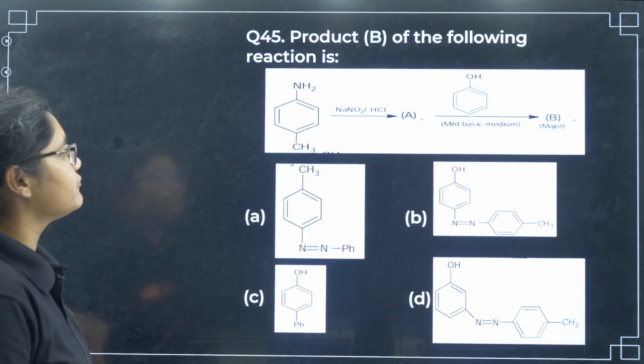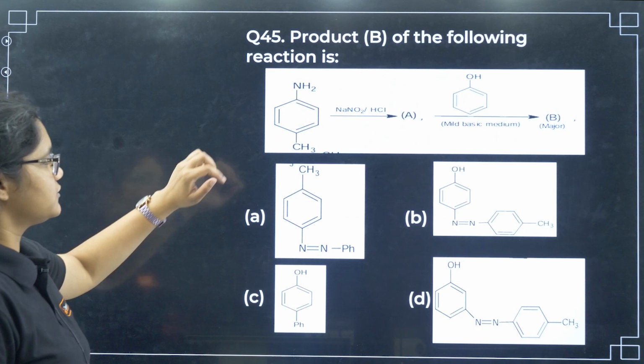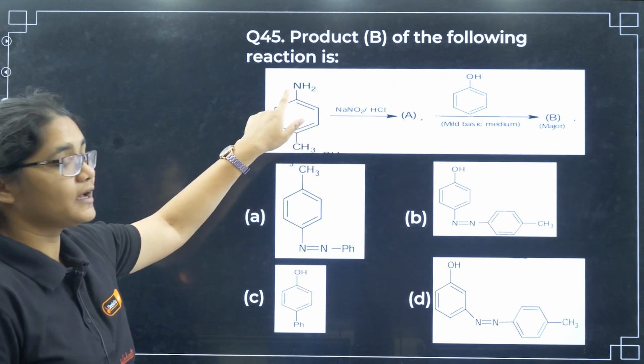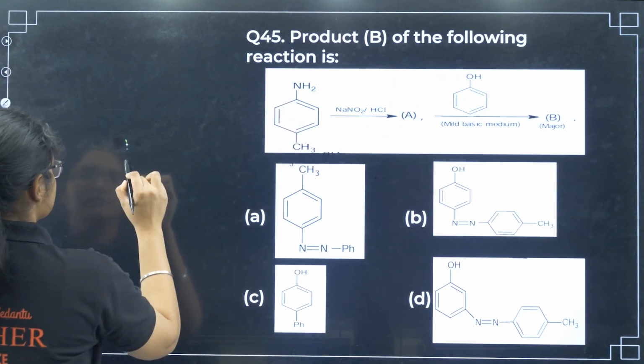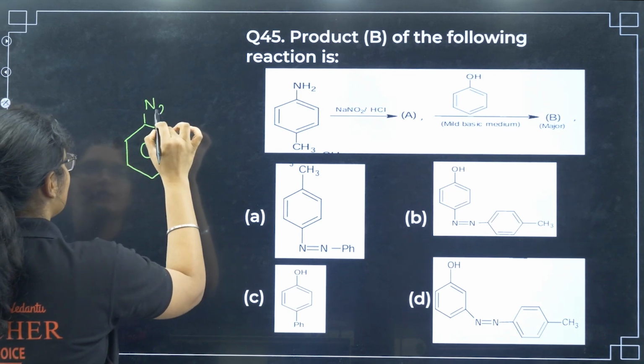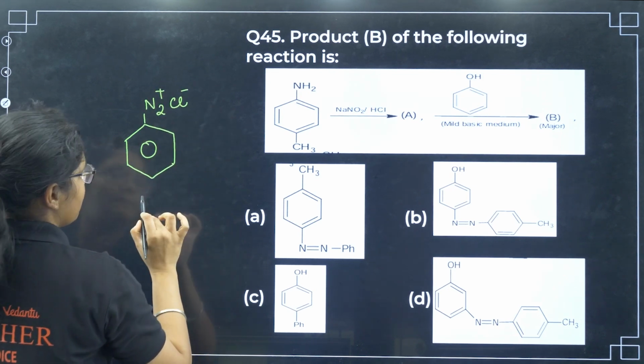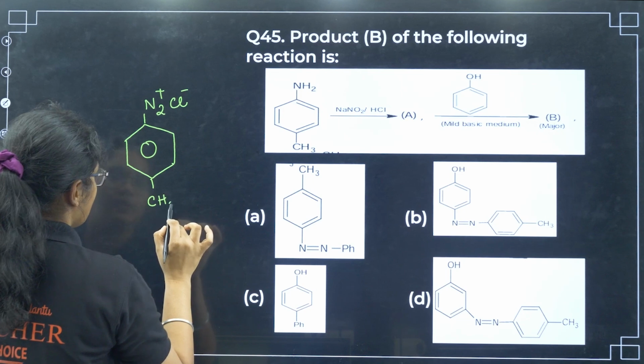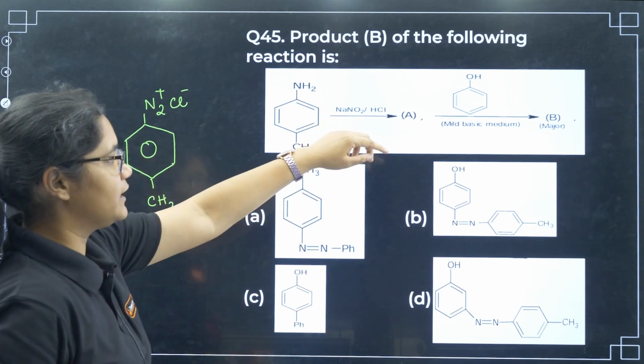Next, product B of the following reaction. This is also very simple. NaNO2 and HCl will convert it into N2 plus Cl minus. So what is A here? A will be N2 plus Cl minus. Next, what happens if you treat it with an OH group?